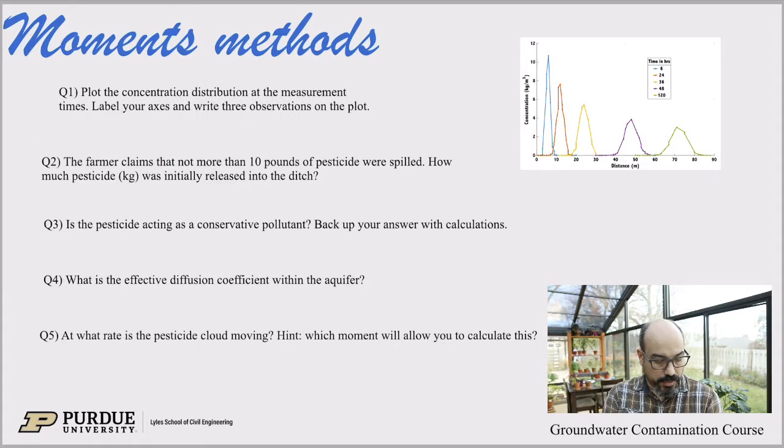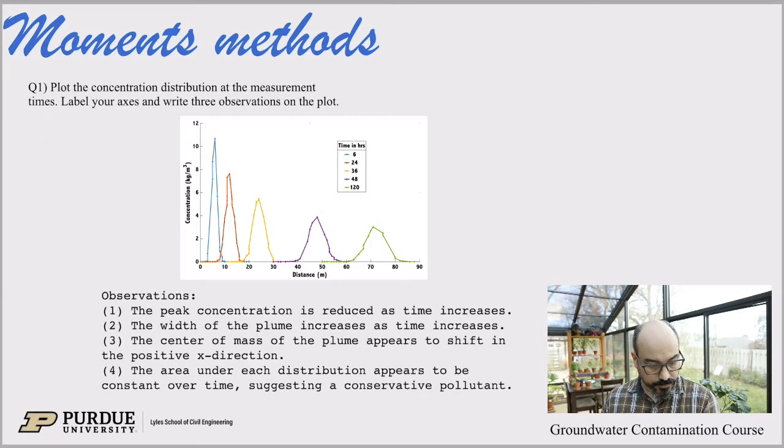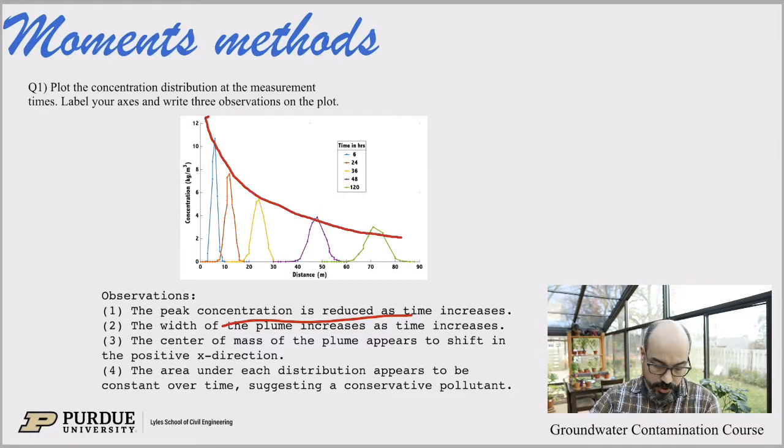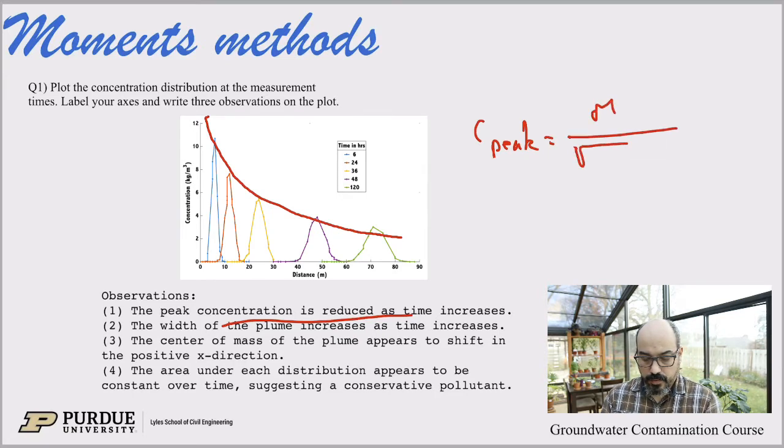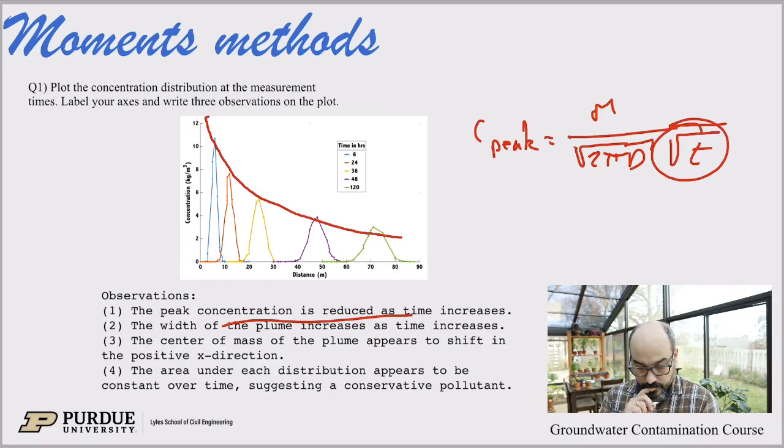Okay, so now the question is, what is the mass? Oh, excuse me. Observations, I already talked about this, but the peak concentration obviously decreases with time, right? And we actually know how that decreases because, again, C peak equals mass over square root of 2 pi D square root of time, right?